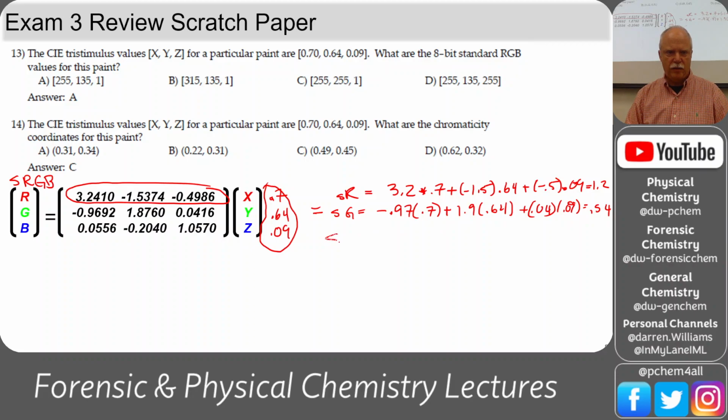And then sB. This is a 0.06 times a 0.7, plus a negative 0.2 times a 0.64, plus a 1.1 times a 0.09.